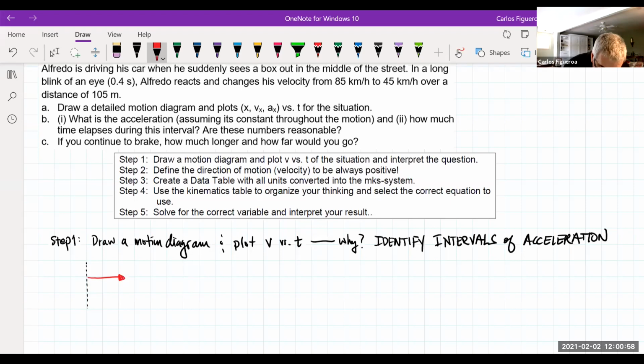Hey, Carlos. Yes. So we're assuming that the system in this example is frictionless, right? No. The fact that there's braking means that there's friction.